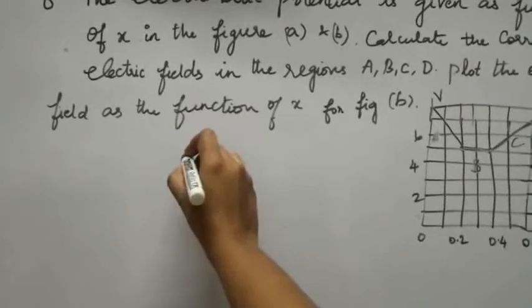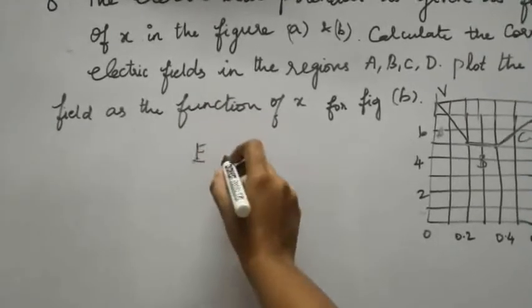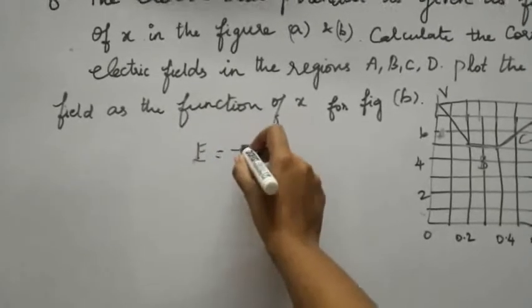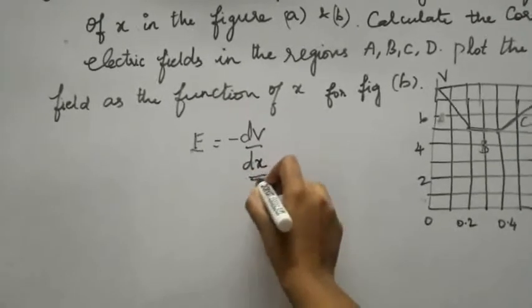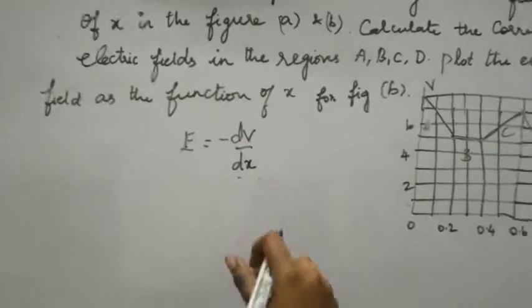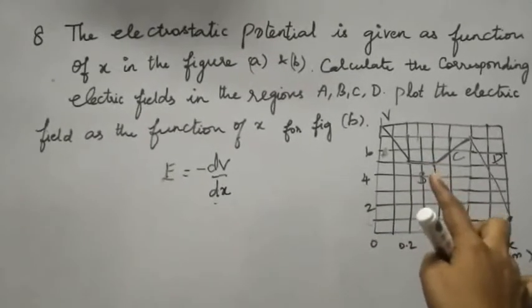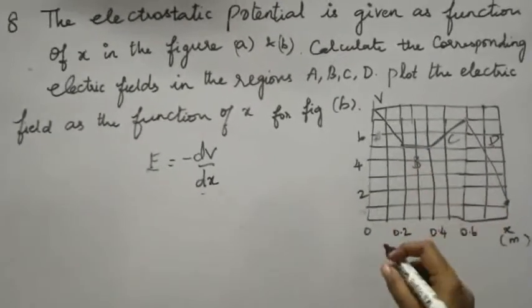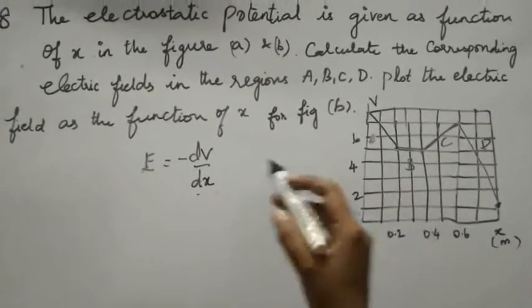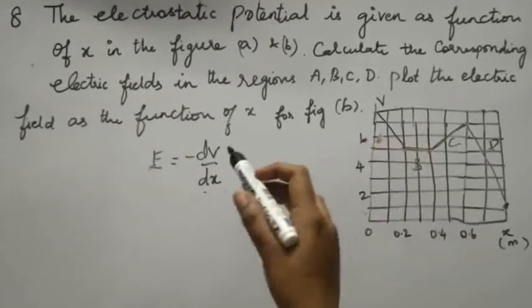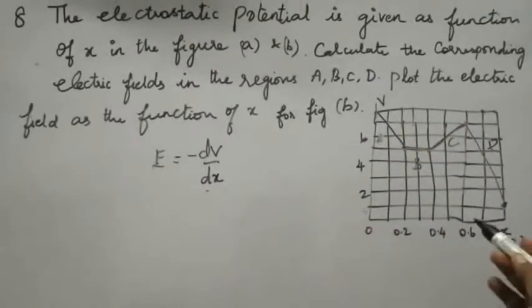The electrostatic potential is V, which is related to the electric field as E equals minus dV by dx. The electrostatic potential is given on the y-axis and the x-axis is the x value. So dV by dx, dV is the change along the y-axis and dx is the change along the x-axis.